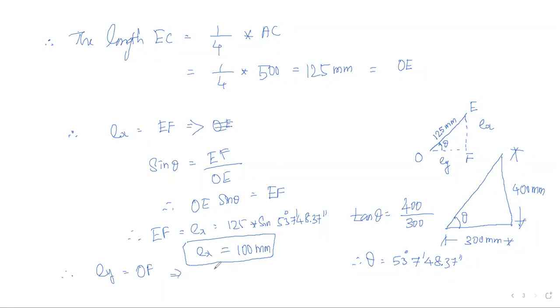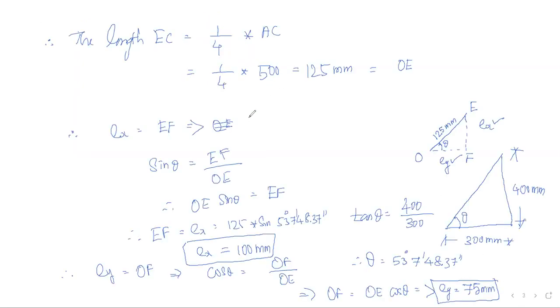So cos theta is equal to adjacent by hypotenuse. So OF is equal to OE into cos theta. So EY becomes 75 mm. Now the values of EY and EX are known, so by using these values we have to calculate the moments.